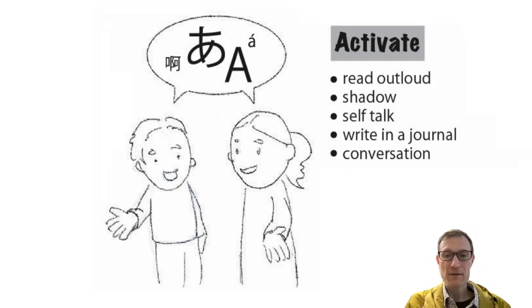And there are some things that we can do that can help this. The first thing is reading out loud. It will help you begin to train the muscles in your mouth, so that you can begin to pronounce the sounds and begin to produce the language smoothly.